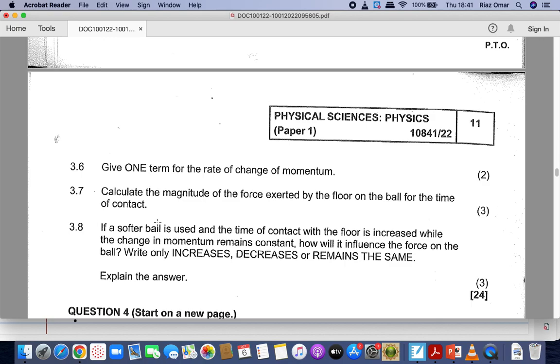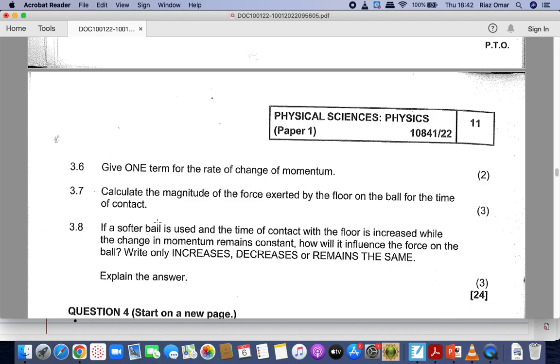Will it increase, decrease, or remain the same? And it says that you should explain your answer. So looking at this, we can say that the force will decrease.